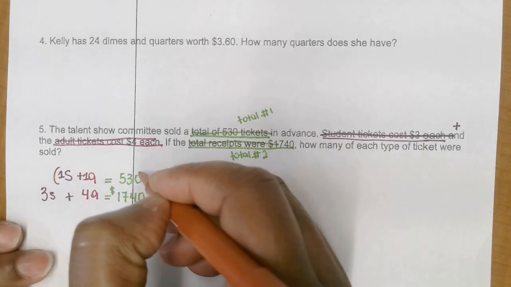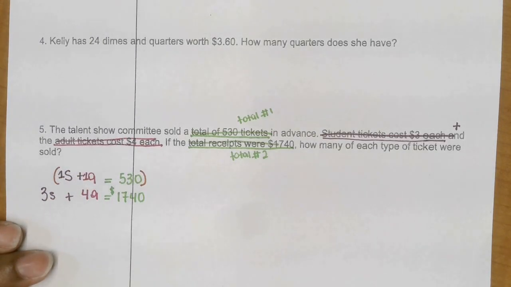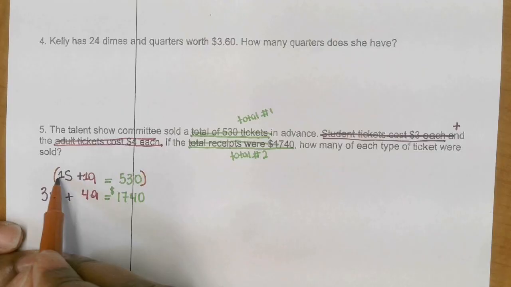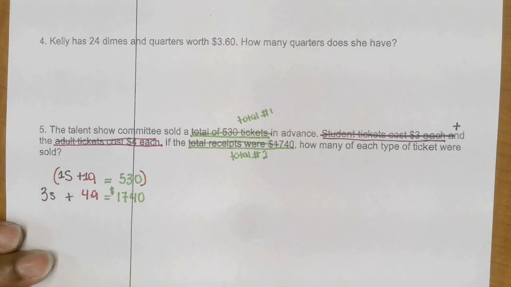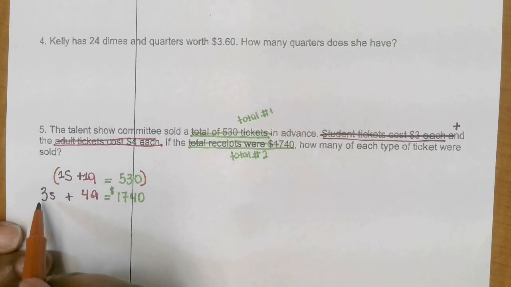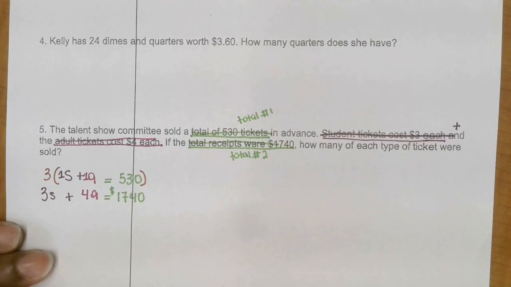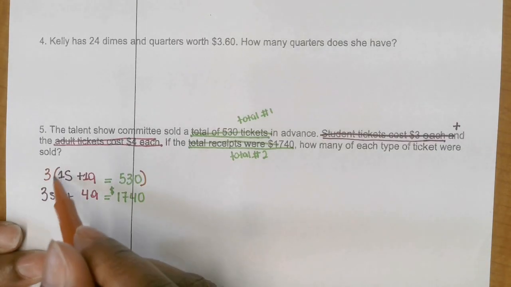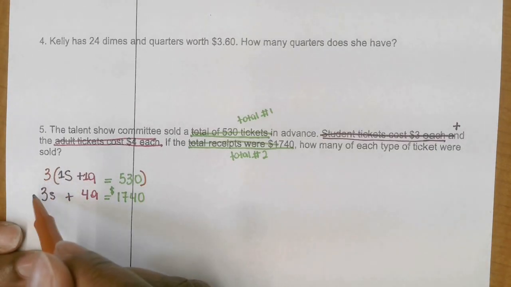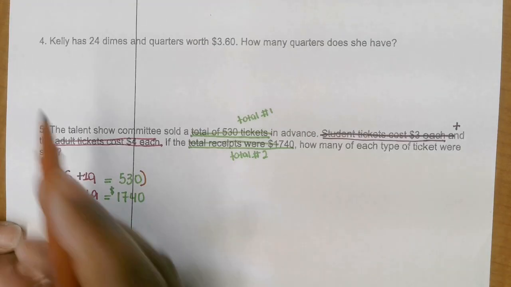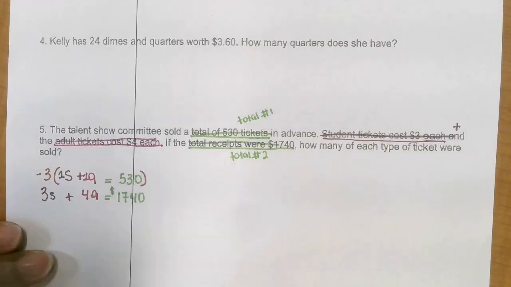The equation that has the smallest coefficient, the smallest number, that's the one I'm going to put my parentheses around, because that's the one I'm going to multiply to get 3. So I'm going to put the 3 outside. And because both the S and the A are positive, I'm going to put a negative on the 3.